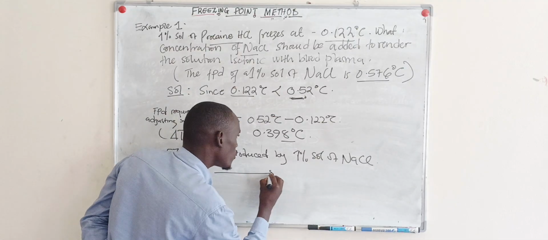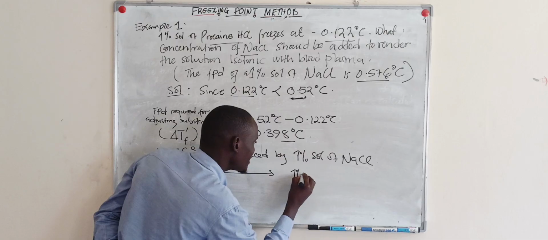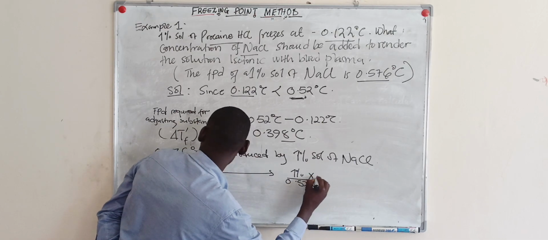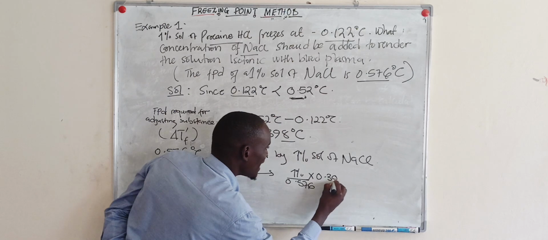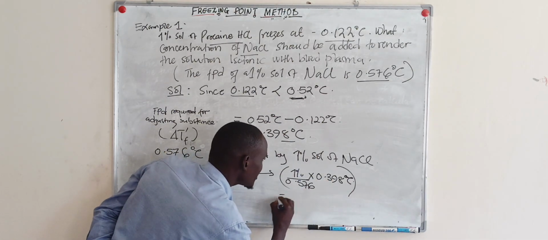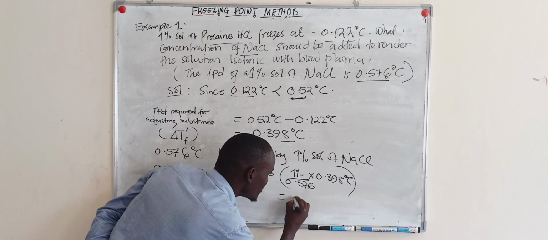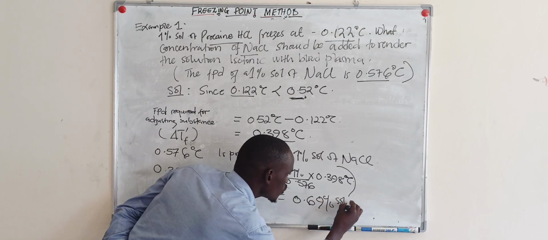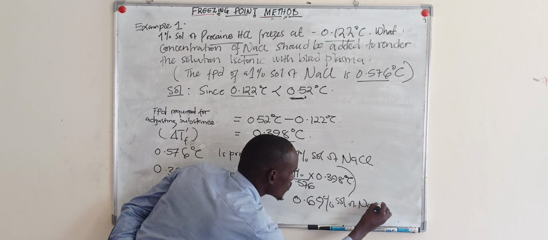This will be produced by 1% divided by 0.576 times 0.398 degrees C. And when we compute this, we shall get 0.69% solution of sodium chloride.